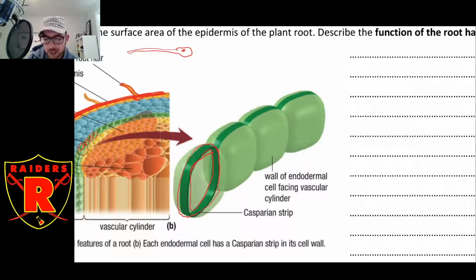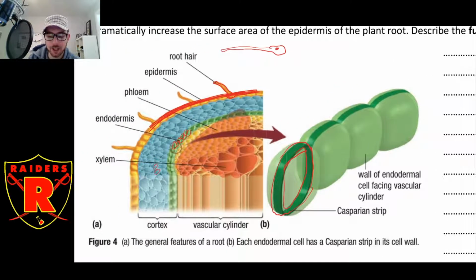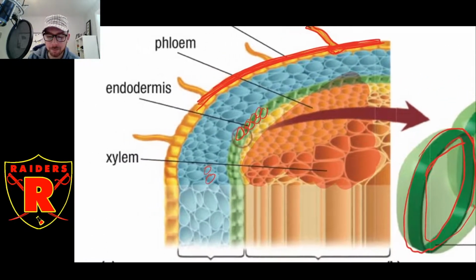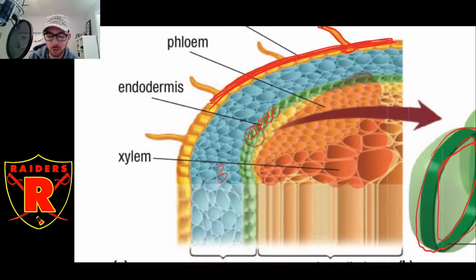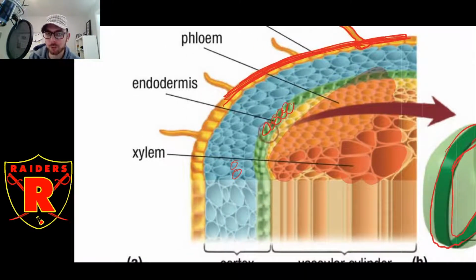So it's watertight. You want to have a barrier for water. Water is just going to move due to osmosis, right? So H2O can just kind of make its way through osmosis into this tissue right here.